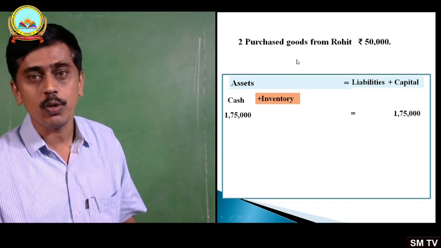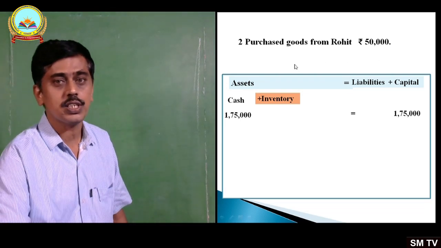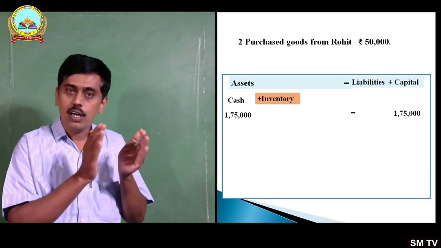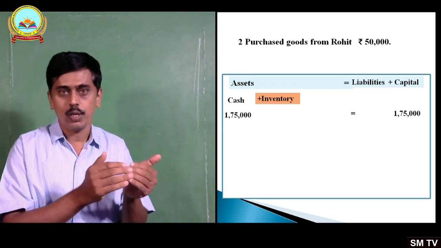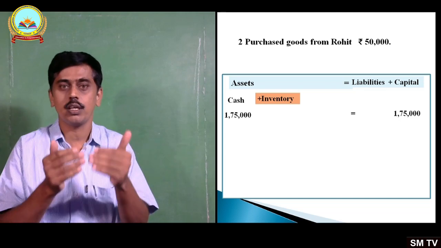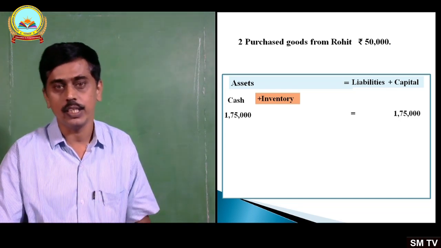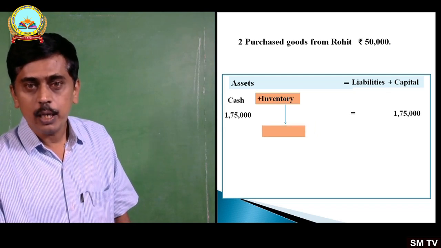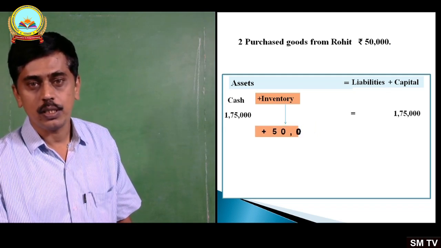Purchased goods from Rohit rupees 50,000 means it is a credit purchase. One aspect here: goods come into the business as an asset, in the form of goods or inventory. How much is it? Inventory purchased rupees 50,000.